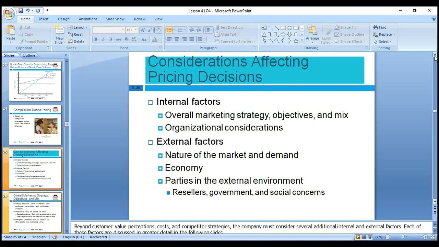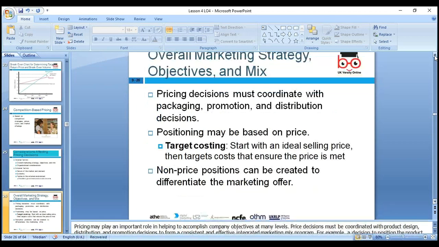So all these factors we need to look around at. Internal factors: overall marketing strategies, what we want as the objective, the mix and organization considerations. External factors: demand, supply, elasticity, government intervention. Overall marketing strategies and objectives: pricing must be coordinated with packaging, promotion, distribution, positioning and target costing. All this we need to focus on.